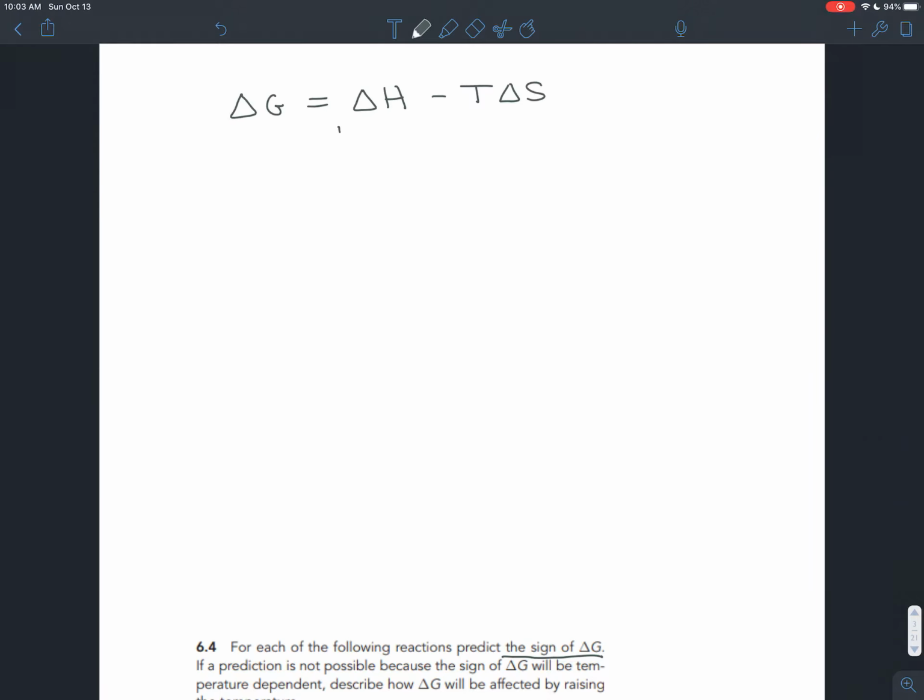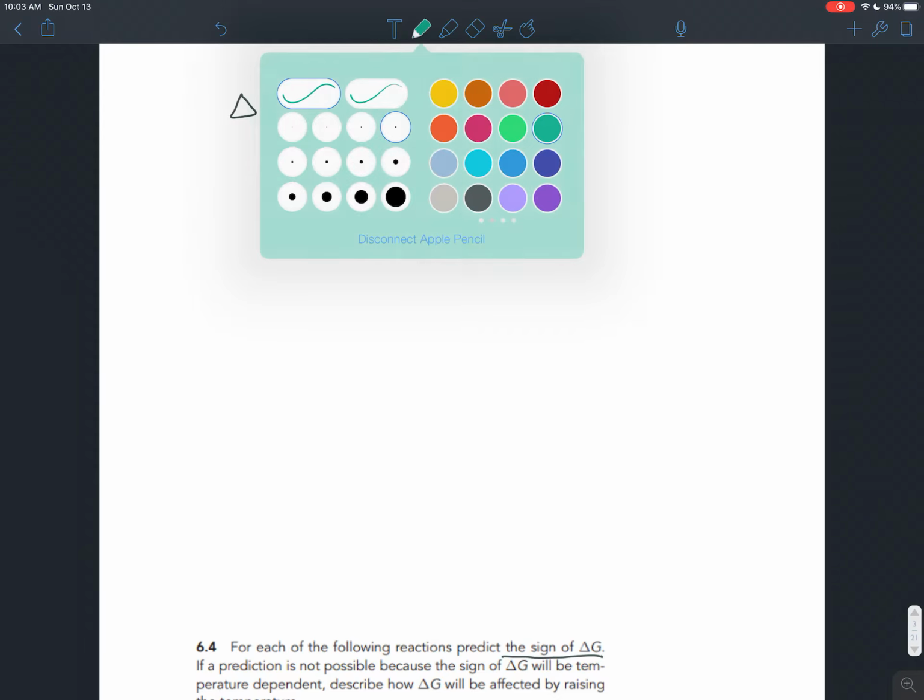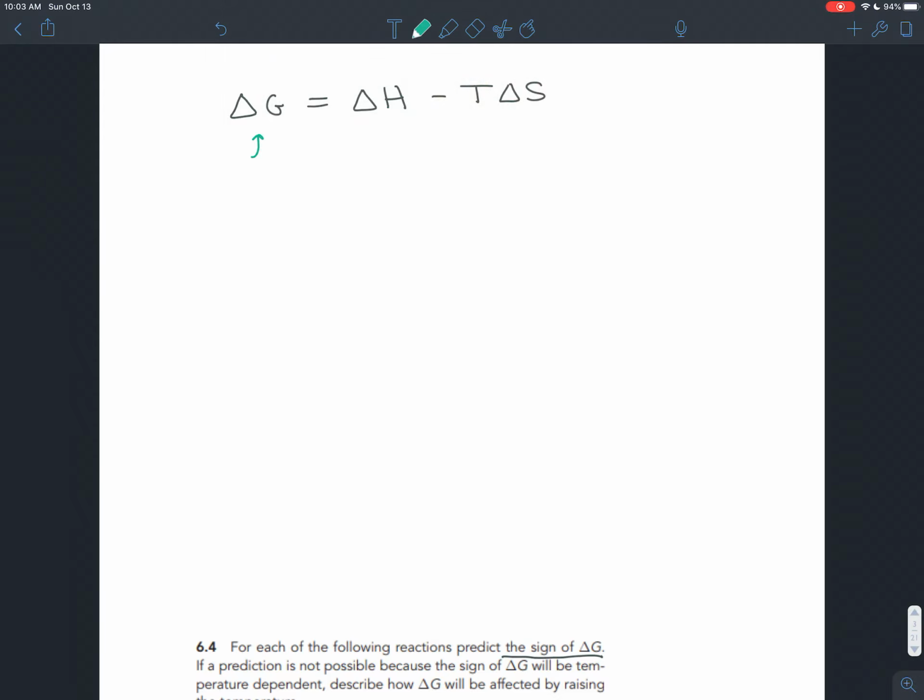So here you're asking, is a reaction likely to happen? And if it is, then you'll have a negative delta G. And the equal sign is basically just saying it depends. What does it depend on? First, it depends on the arrangement of the energy.